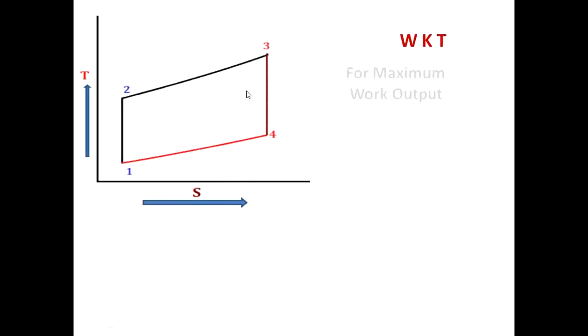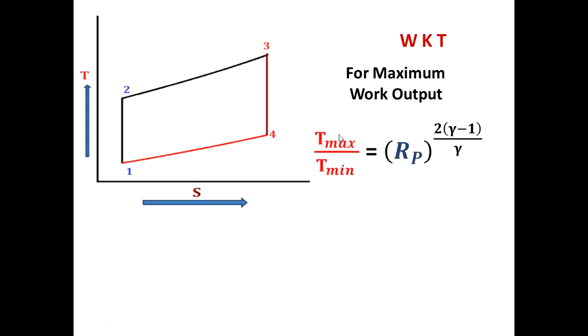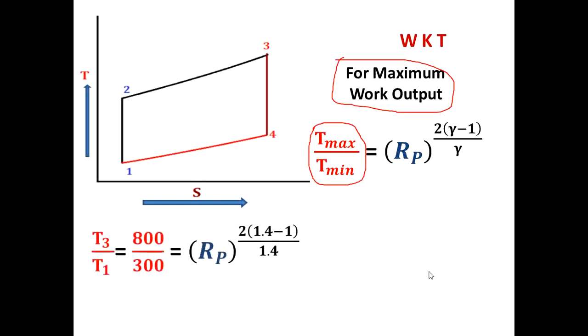Given T maximum equals T3 equals 800 Kelvin, and T minimum is 300 Kelvin. If it is given in degrees Celsius, please convert that into Kelvin. For maximum work output, T max to T minimum is equal to Rp to the power of 2 times gamma minus 1 divided by gamma. T3 by T1 is 800 divided by 300.